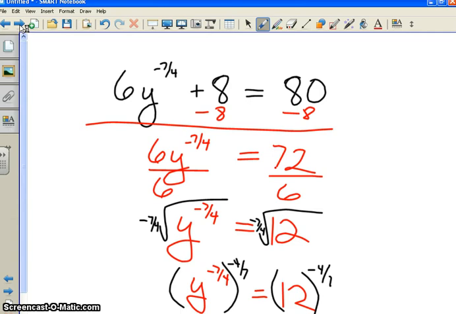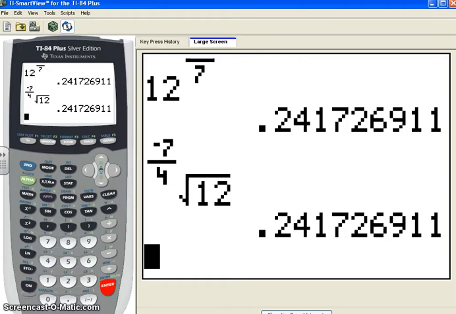And notice when you do this method, negative 7/4 times negative 4/7 is going to be positive 28/28, which is just positive 1. And on my calculator here, you can see when I did 12 to the 4/7 and the negative 7/4 root of 12, I come out with the same answer, 0.2417.